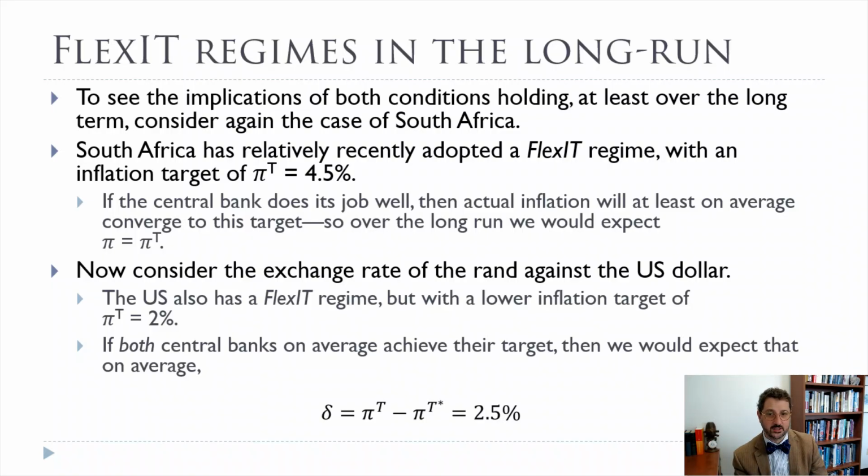The U.S. also is a Flexit regime, but has a lower inflation target of 2%. So if they're successful, then inflation in the U.S. would be 2%. But that means that the depreciation rate between the rand and the dollar would be equal to the inflation target in South Africa minus the inflation target in the United States, which is 4.5% minus 2%, so equals 2.5%.